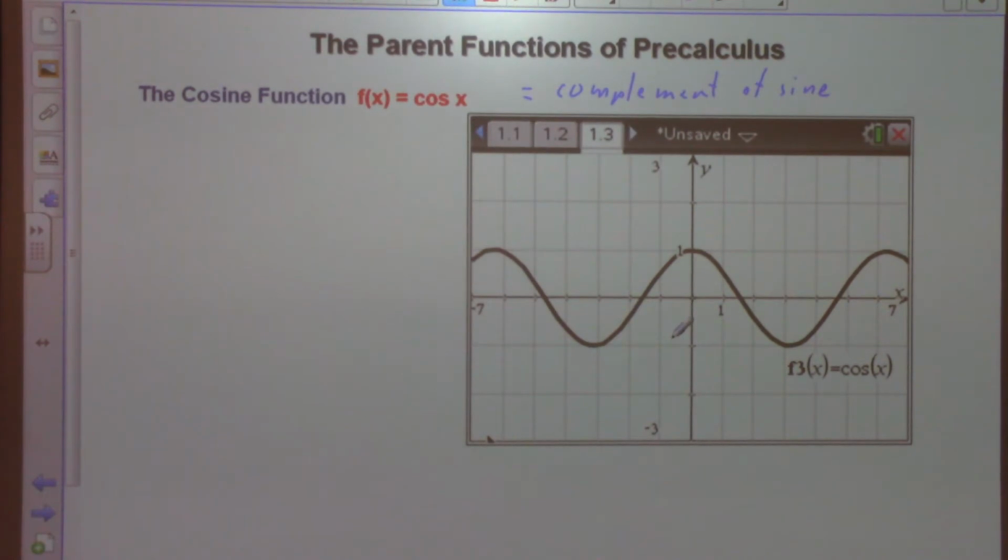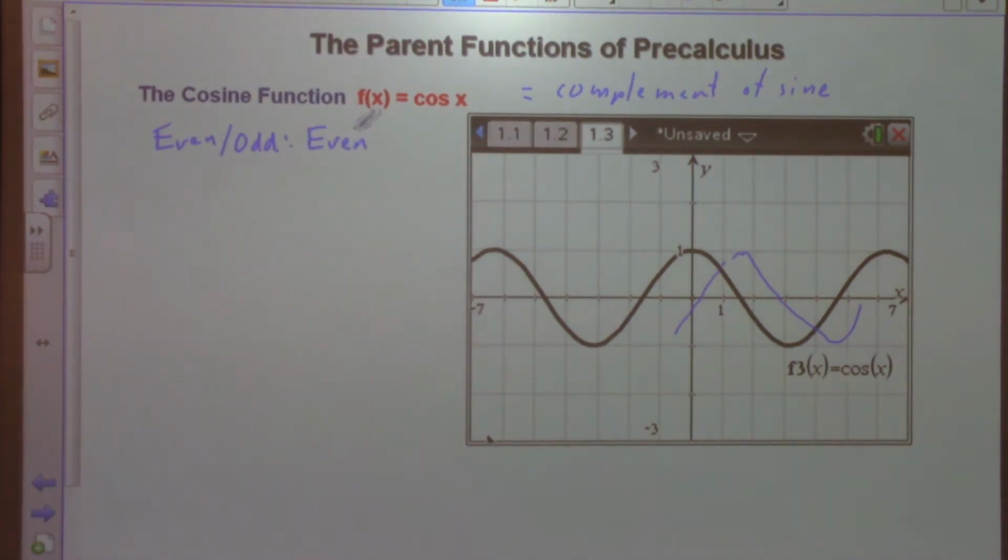And so the sine is like this, right? And so the thing is just shifted. In all respects it's the same as sine, except for what? Is this thing even or odd? Even.